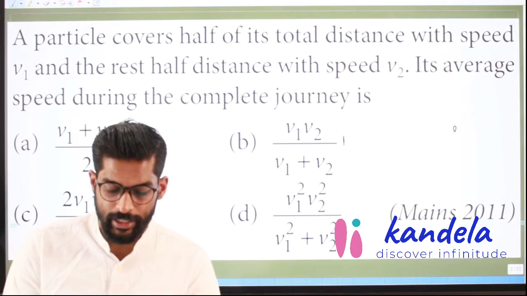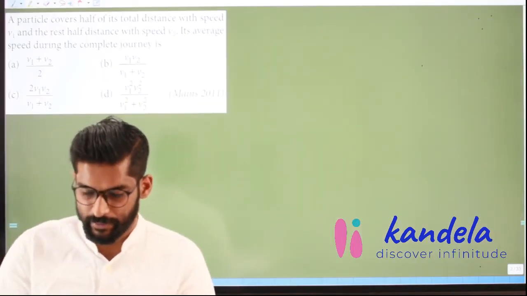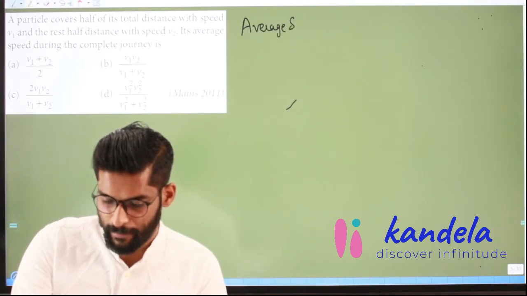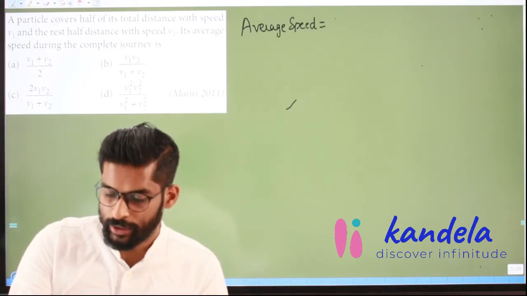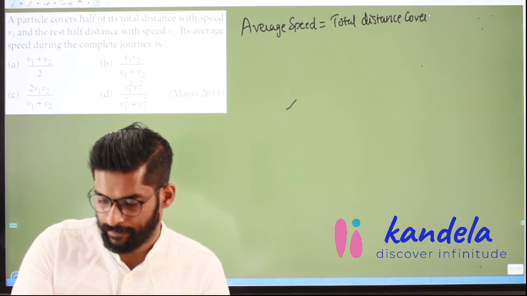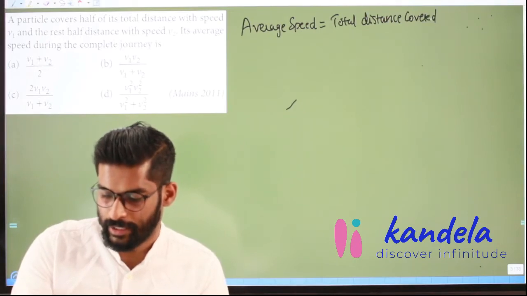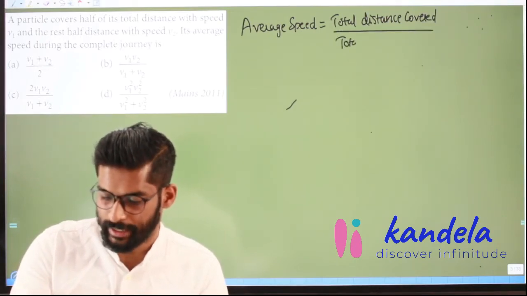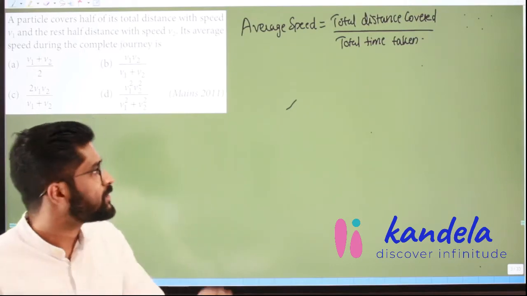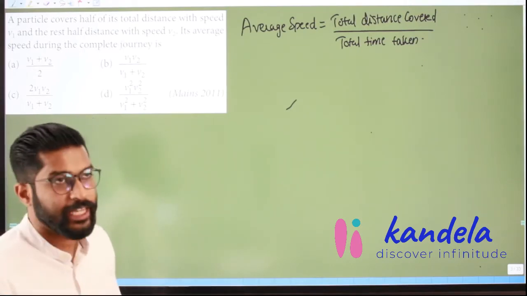So let us define what is average speed. I define average speed as the total distance covered divided by the total time taken.